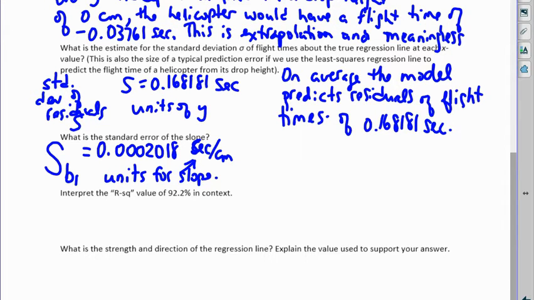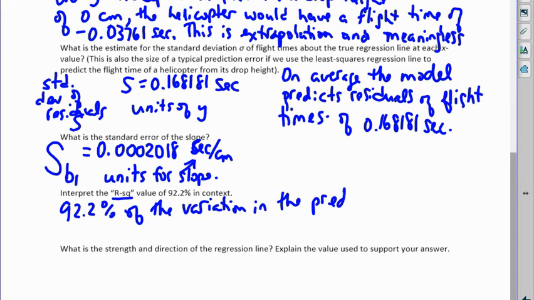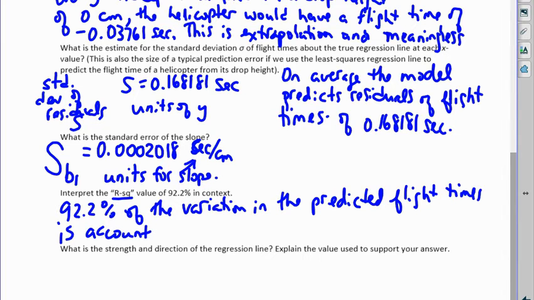R squared. Okay, what is R squared? That means 92.2% of the variation in the predicted flight times is accounted for by the model of, if I'm going to use the word versus, I need to say the flight times first.